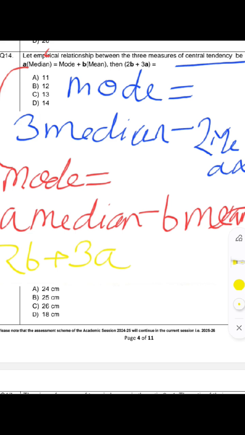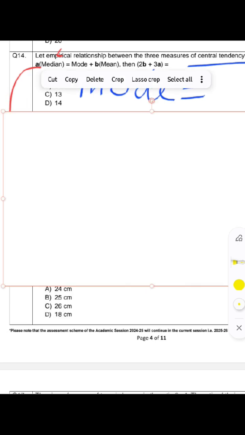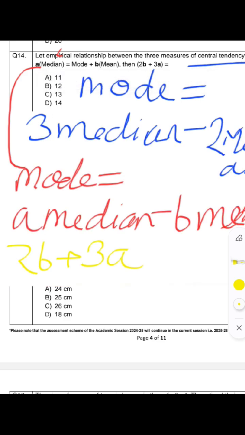compare both formulas. The original actual empirical formula is written in blue here, and the one given in the question is in red. Now if you compare, a equals 3, and similarly b equals 2.